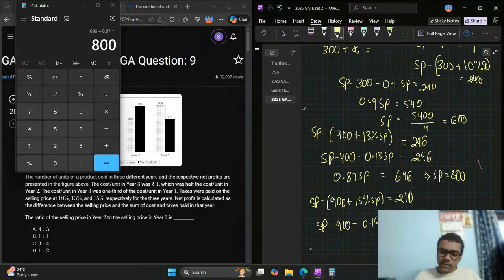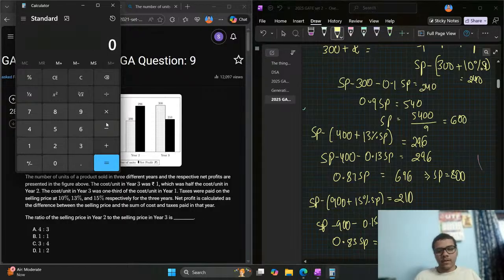Look at the math. 0.85 SP is equal to 210 plus 900, that will be 1110. 1110 by 0.85.